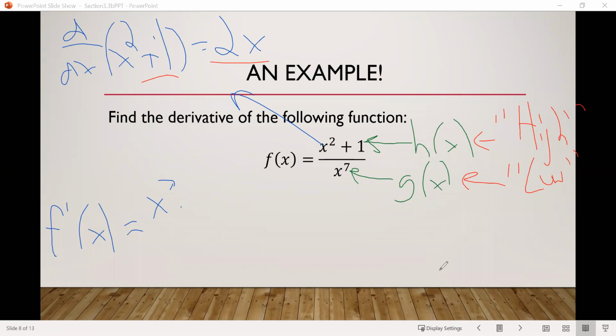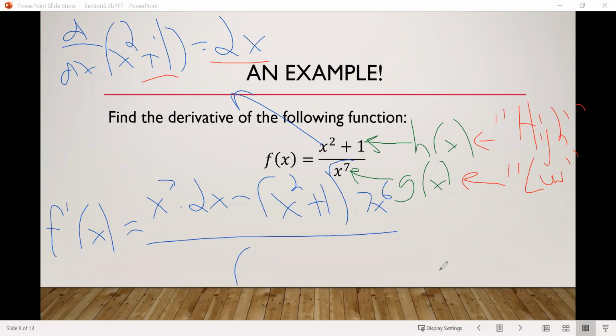So we'll have x to the 7th times 2x minus, now we do the high function, which is x squared plus 1, times the derivative of the low one. So x to the 7th, using the power rule, we get 7x to the 6th, all over, and then remember we square the bottom, but it's the original function. So x to the 7th squared.